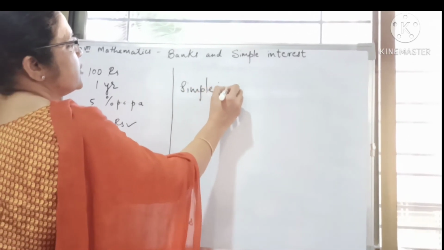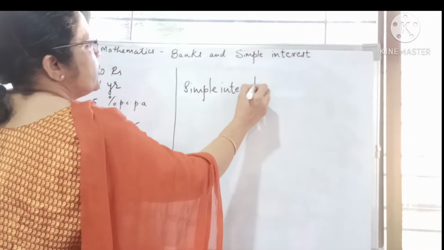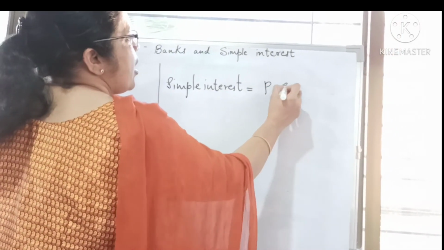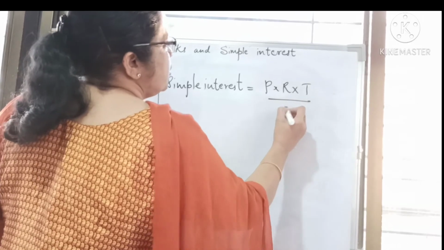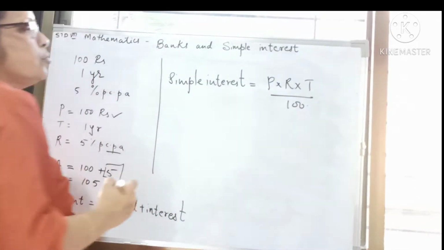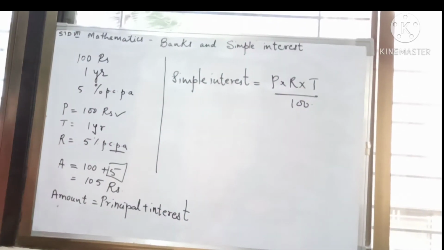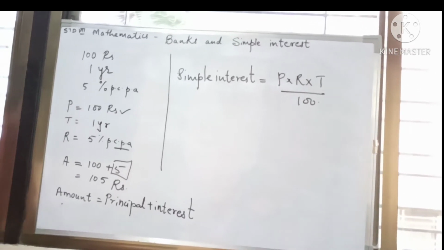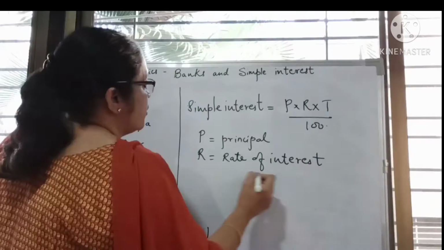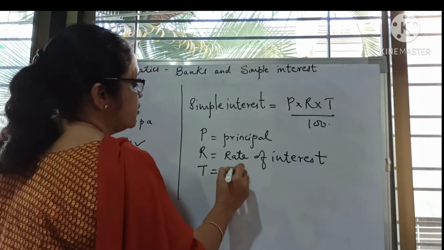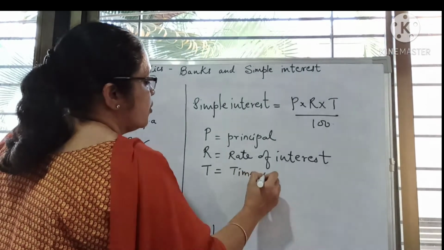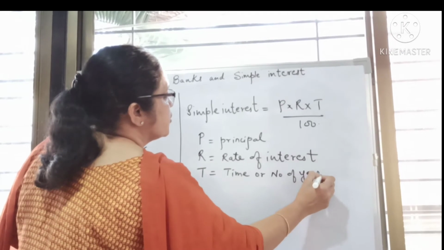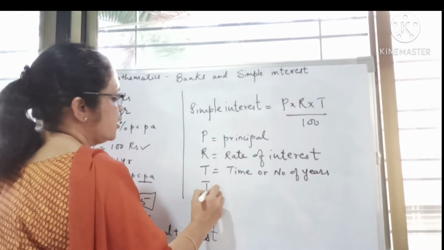Simple interest is calculated by the formula P into R into T upon 100. So with the help of this formula, we will solve the examples from the problem set. T is time or number of years. I is interest.